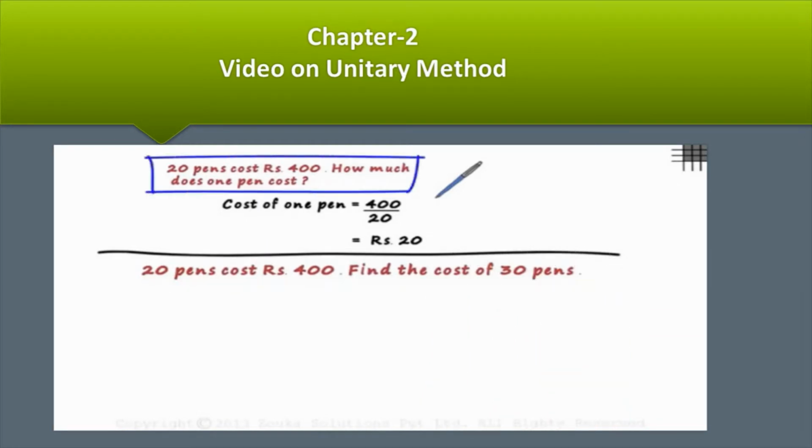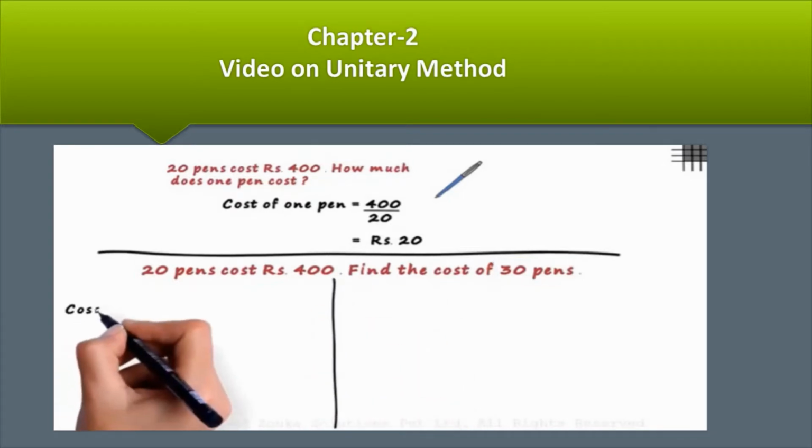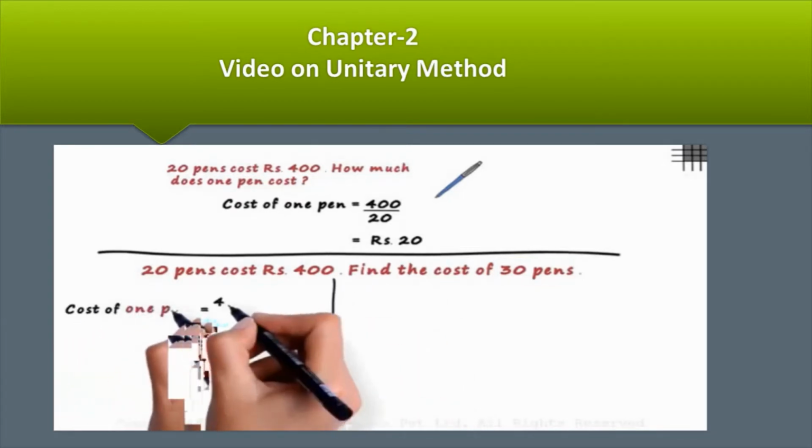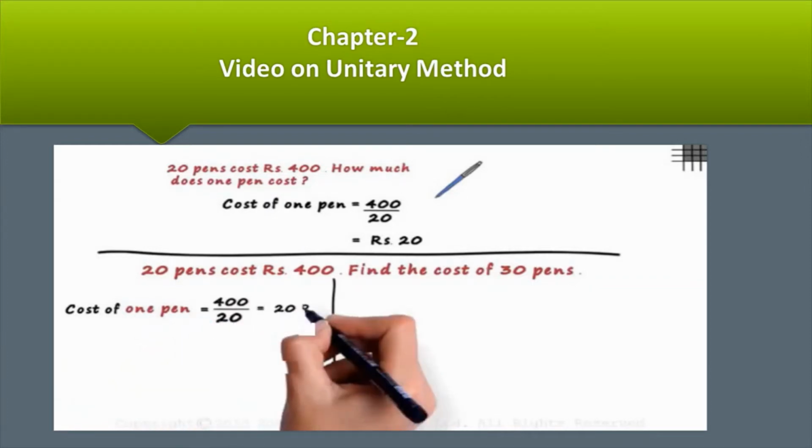If you think the previous problem was easy, this one should also seem easy. But that is not always the case. When students see that they have to find the cost of 30 pens, they tend to get confused. We found out the cost of 1 pen to be 400 by 20, which is 20 rupees. So think about it.